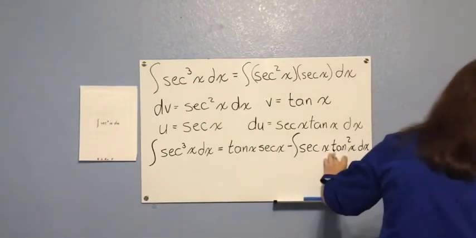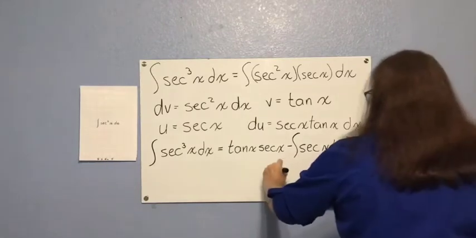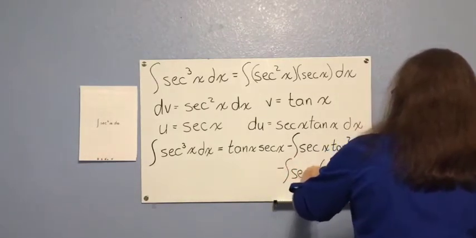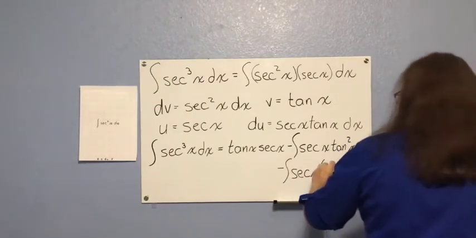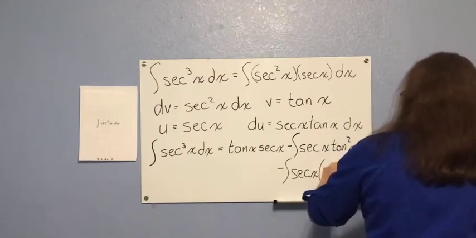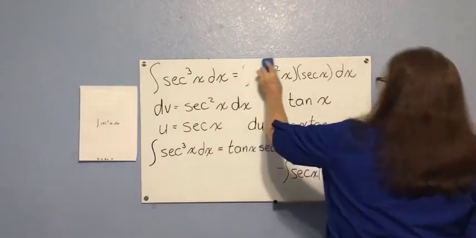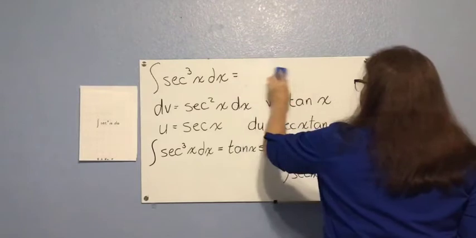Okay, now I'm going to rewrite that as secant x, and I'm going to rewrite tangent squared x as secant squared x minus 1. So now let's take what we've got so far.